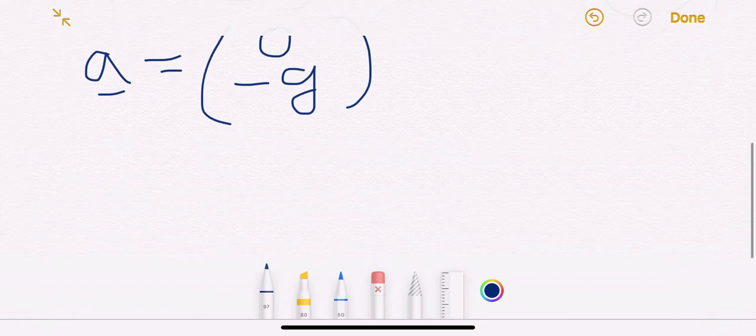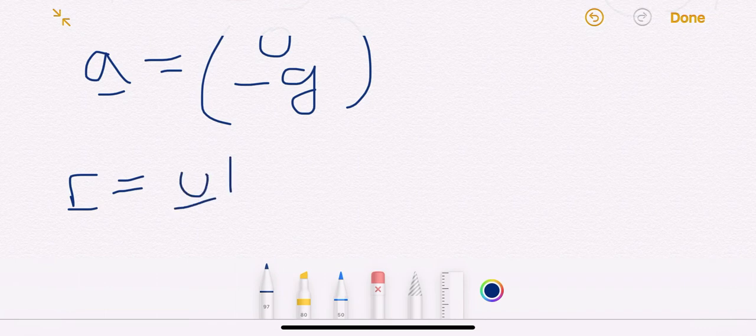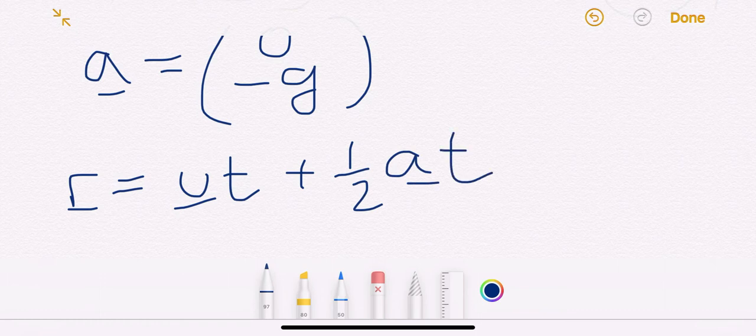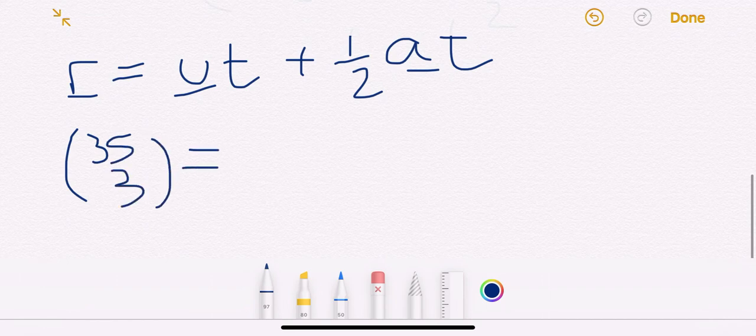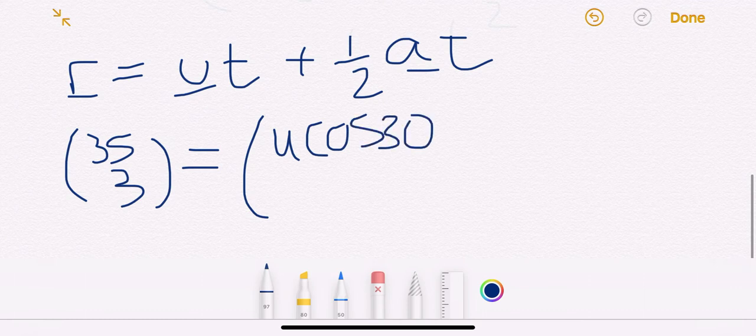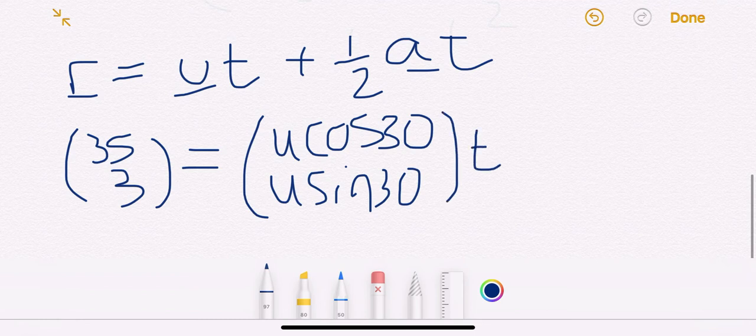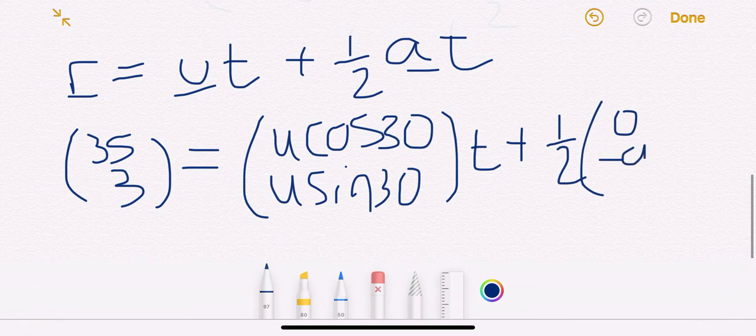So using our suvat equation, r equals ut plus a half at squared, we get (35, 3) is equal to (u cos 30, u sine 30) multiplied by t plus a half of (0, negative g) multiplied by t squared.